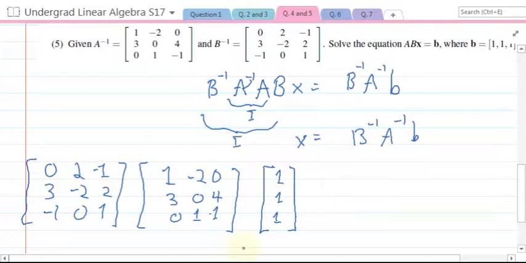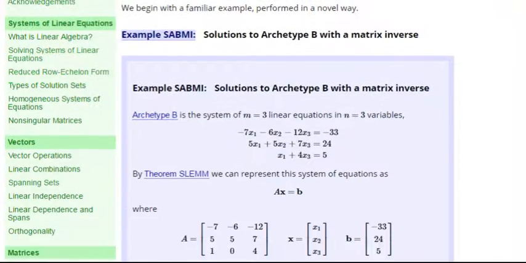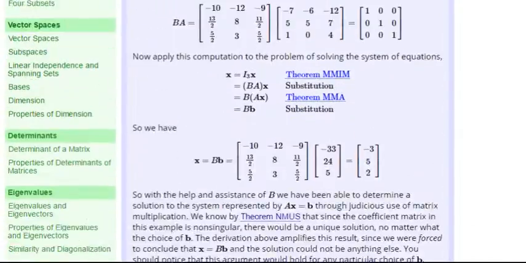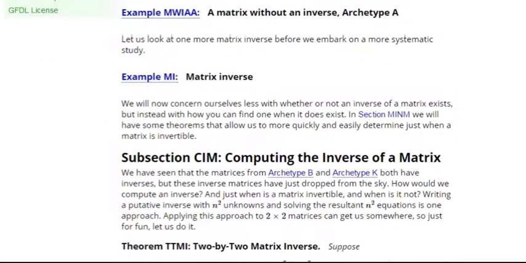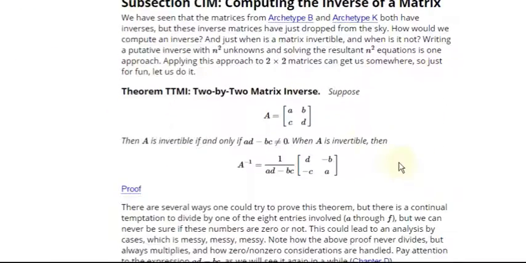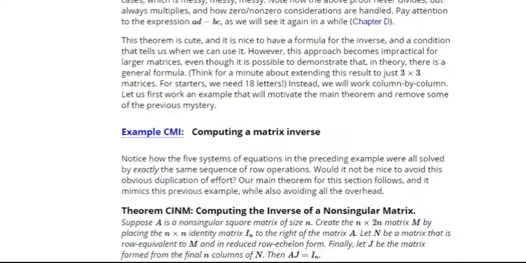Now let me show you where it talks about this in the text. All of this was in this same chapter of matrix inverses and systems of linear equations. If you go down a little bit, and by the way, here's the formula for 2 by 2 inverse, which you should remember because it's an important formula. They have that in the teacher certification exam.